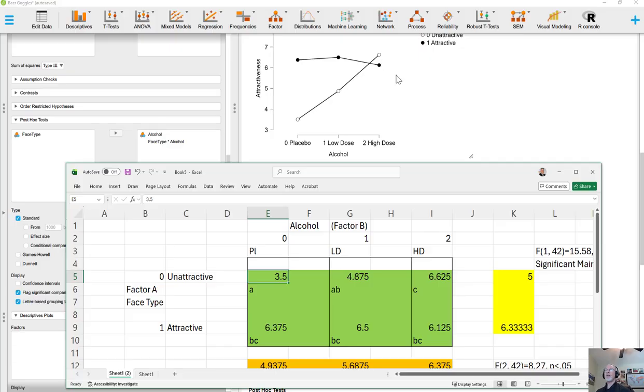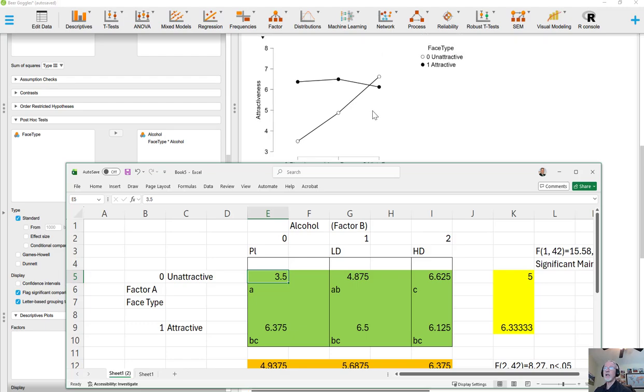So that tells the story that once they've gotten really drunk with a high dose of beer, they don't see any difference between the attractive and the unattractive individuals, and in comparison to if they were viewing an unattractive person with a low dose of the beer or the placebo over there. And you have your storyline.